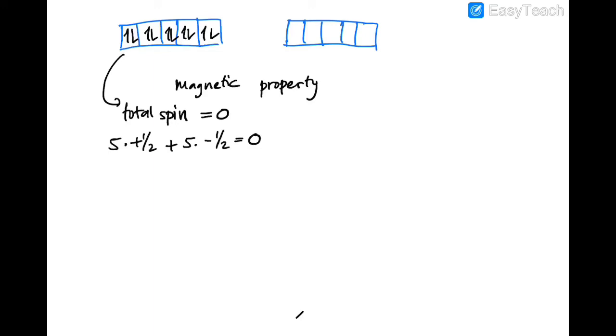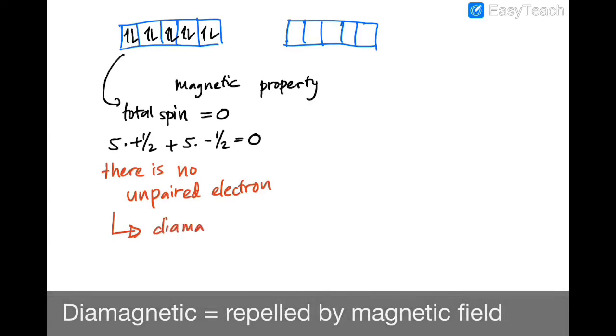All right, and for atoms with such configurations, where you fill in the orbitals and there is no unpaired electron, this will cause the atom itself to be diamagnetic.